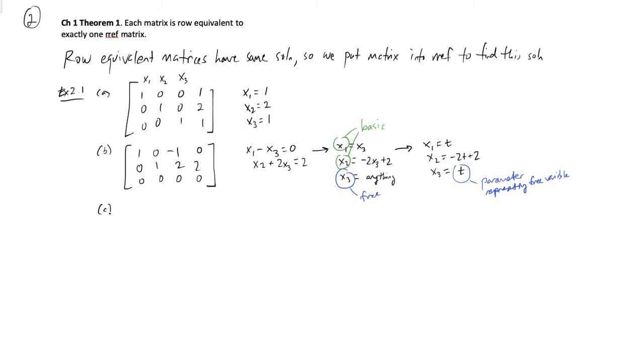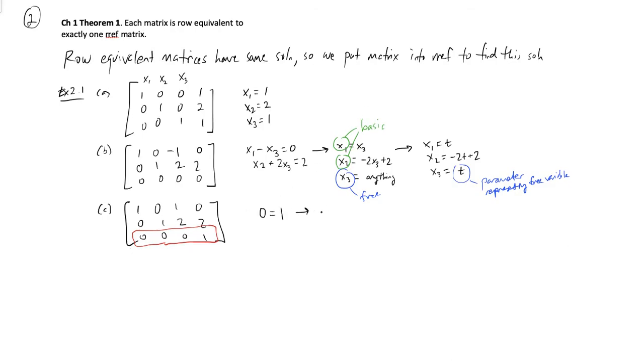Okay, so the last matrix that we'll consider is this matrix, 1, 0, 1, 0, 0, 1, 2, 2, and 0, 0, 0, 1. And this is something we've seen before. The first two equations are going to be similar to the equations that I got from B, but I'm just going to focus our attention on this last equation, which, if we write it out, is saying 0 equals 1.